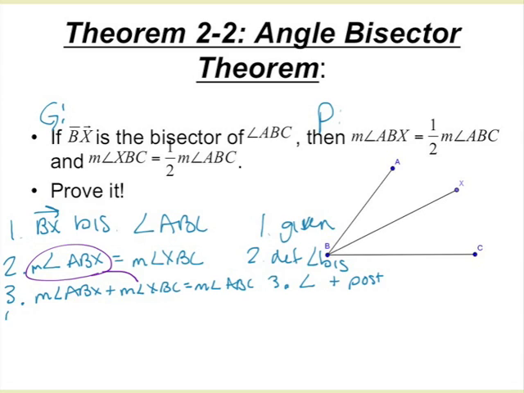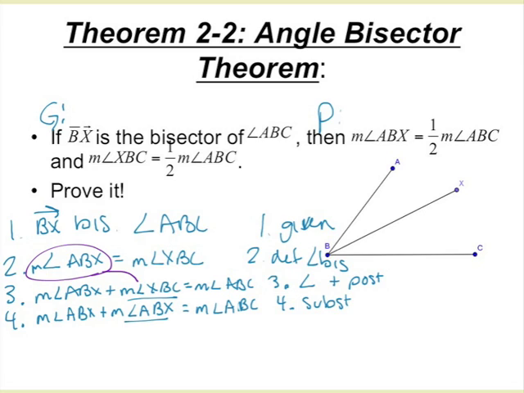So we're going to say the measure of angle ABX plus the measure of angle ABX, switching out that XBC for an ABX because they're equal, is the measure of ABC. Since we switch something out, that's our substitution property.